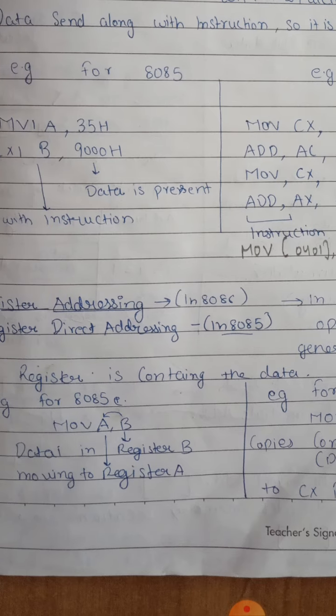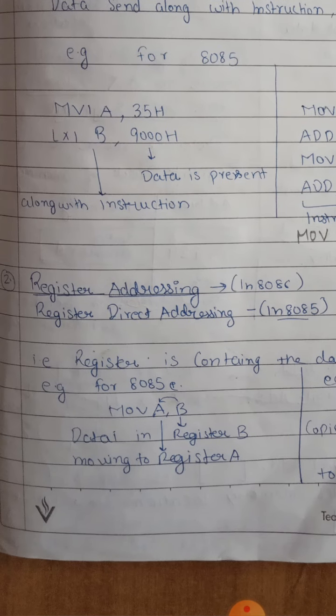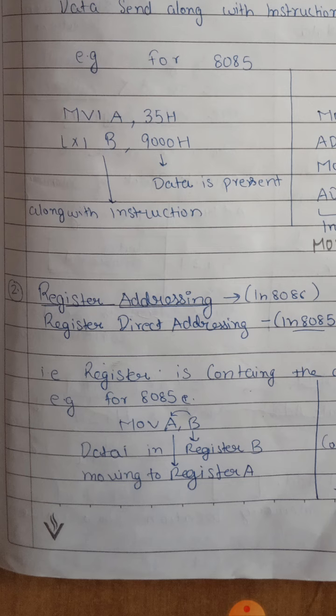Let me make this clearer. For example, MOV A, B: the data of register B is moved to register A. As per its name, register addressing, all the data of register B will move to register A. It is register addressing mode as we address the name of the register in the particular instruction.